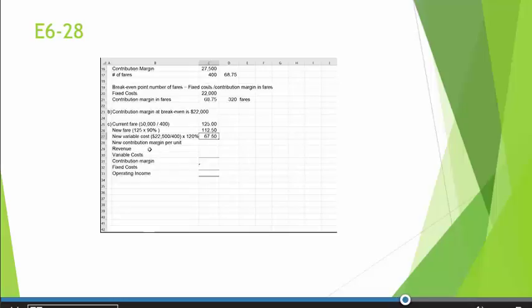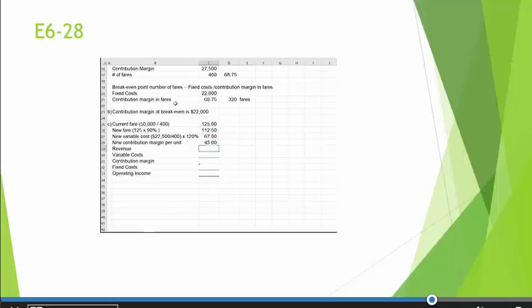So our new variable cost is $67.50. Our new fare is $112.50 and our variable costs are $67.50 under the new model, which gives a new contribution margin per unit of $45.